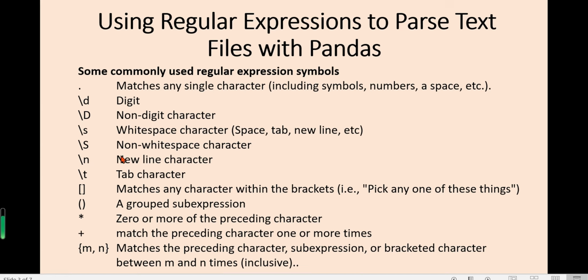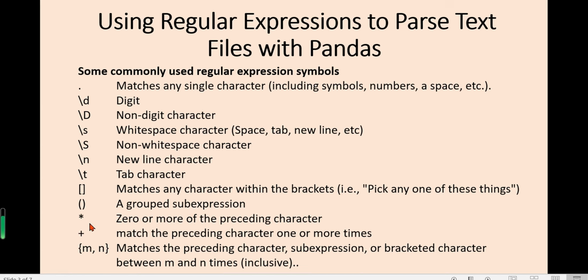This one is for a white space character, this is for a non-white space character, this for a new line character, and this for a tab character. The brackets match any character within the brackets.